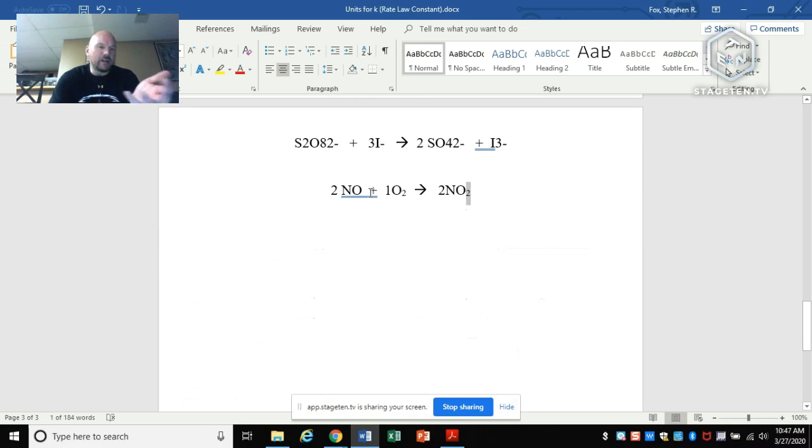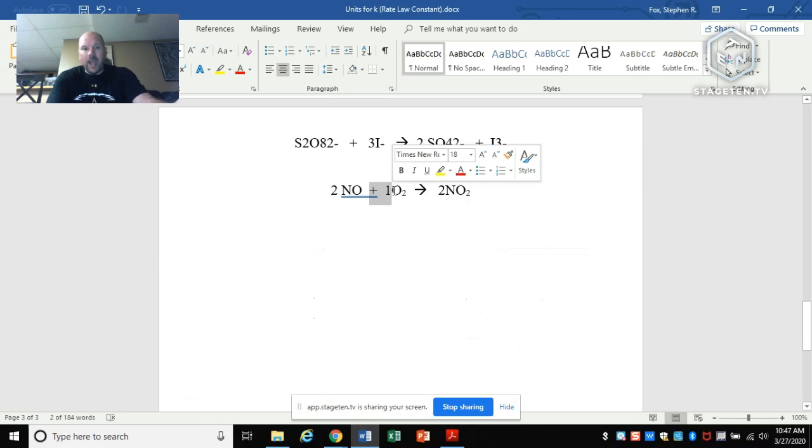They say rate of disappearance: the oxygen is disappearing as this is appearing. But you're going to lose the oxygen slower than this appears. It's based on the mole ratio. Every time the reaction goes, I lose one of these, but I lose two of these. So the rate at which this disappears is 2 times faster than the rate at which this disappears.